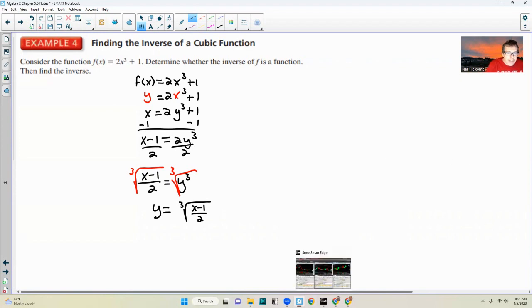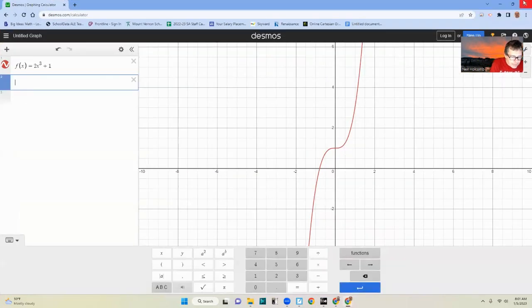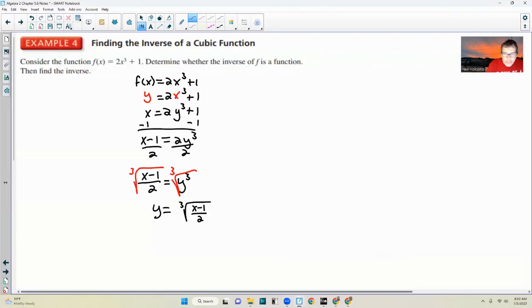Now I'm going to graph that and show you that it does definitely reflect across y equals x. So I want the cube root of x minus 1 over 2. I'm going to call that g of x. The way I have to do this is using the rational exponent. So this would be the same as x minus 1 over 2 to the power of 1 over 3.